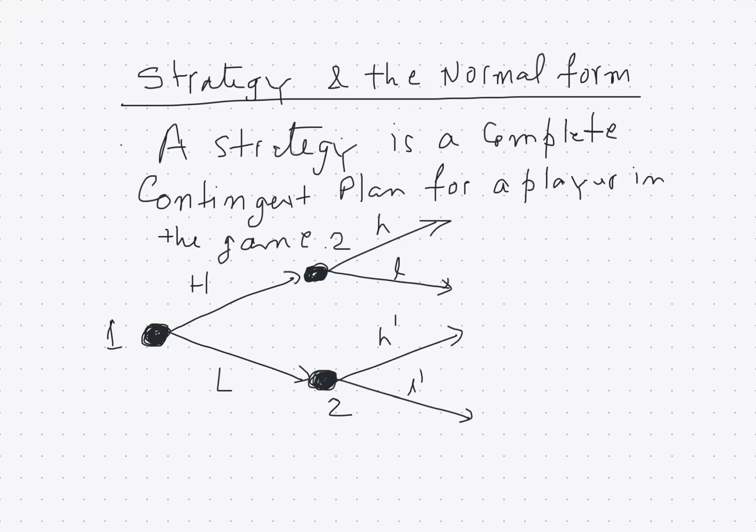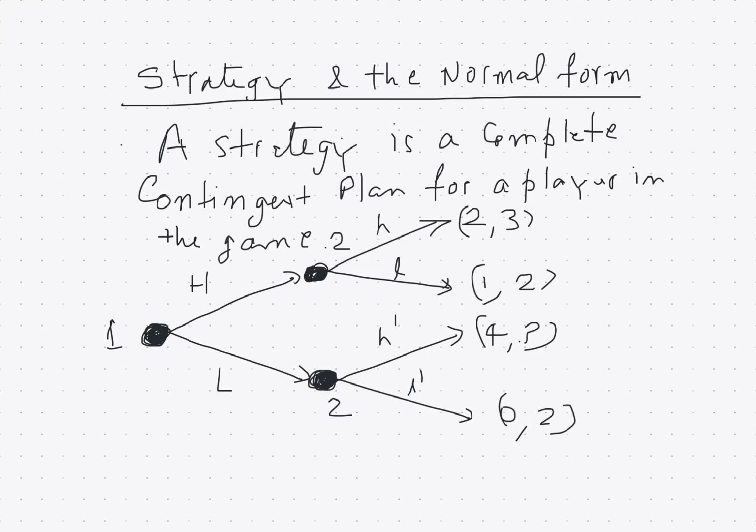And you will see the relevance of it while writing the strategy profile for each player here. And then let's say the game ends with payoffs of 2 to player 1, 3 to player 2, and 1 and 2. And here, let's say 4 and 3. And here, let's say 0 and 2. All right. So think of these as profits.